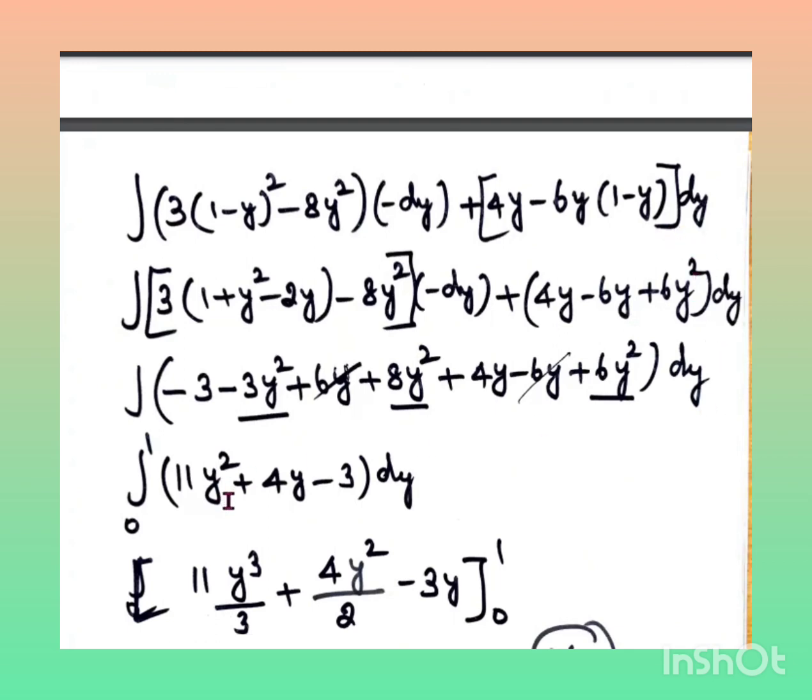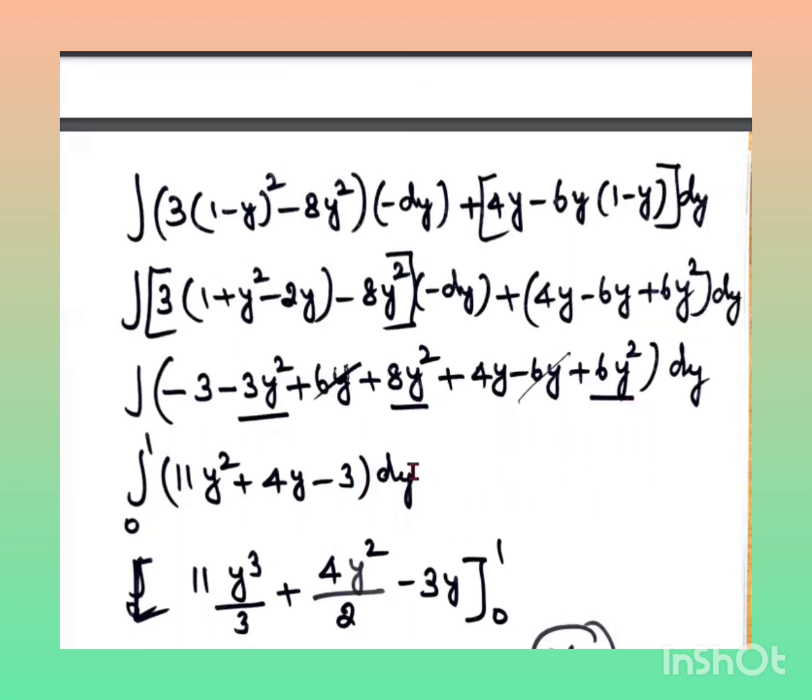So integral, everything written: minus 3 minus 3y square plus 6y plus 8y square plus 4y minus 6y plus 6y square into dy. So 6y minus 6y cancelled. The y squares: 8y square plus 6y square minus 3y square, so 14y square minus 3y square, 11y square. So integral of 11y square plus 4y minus 3 into dy.